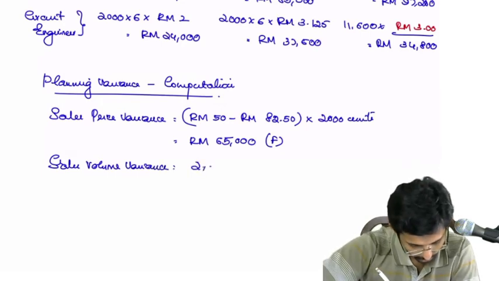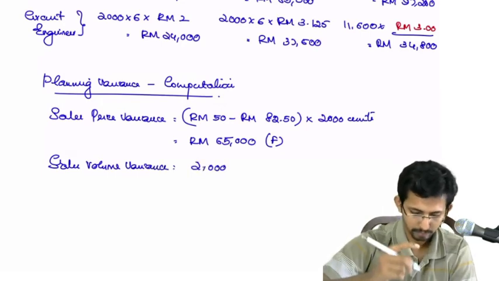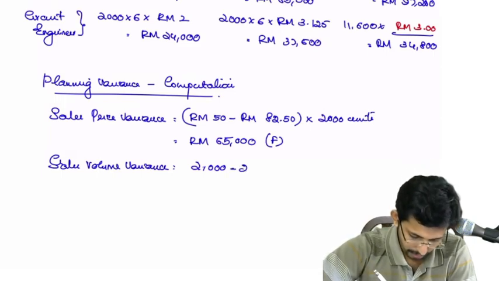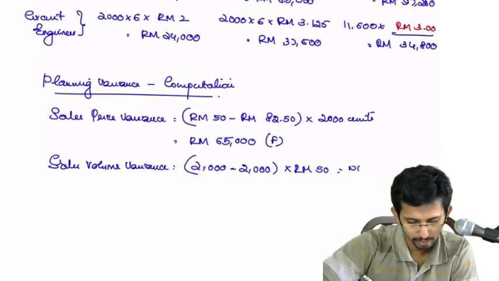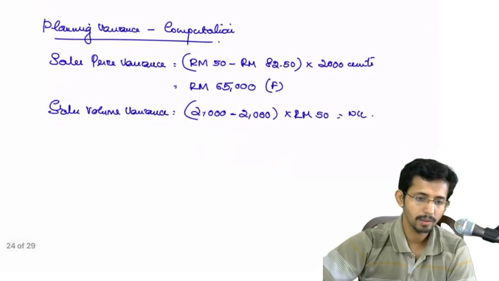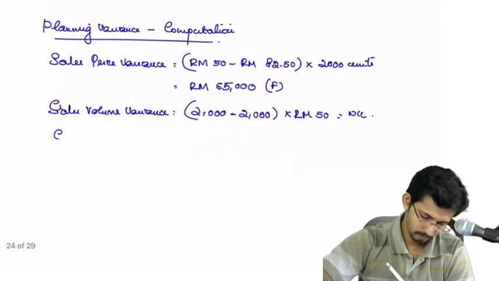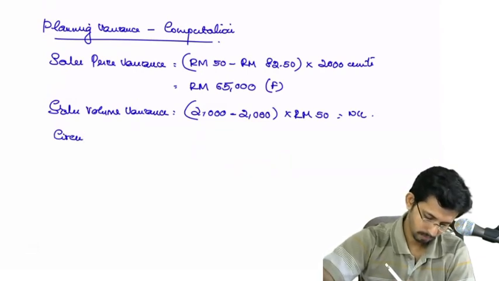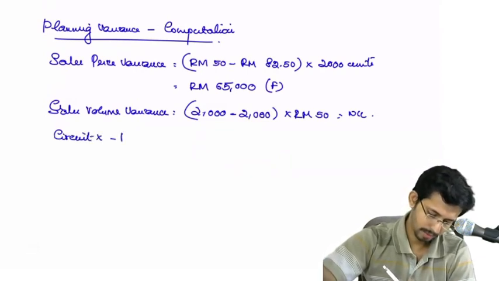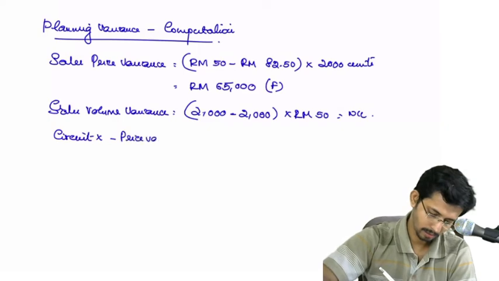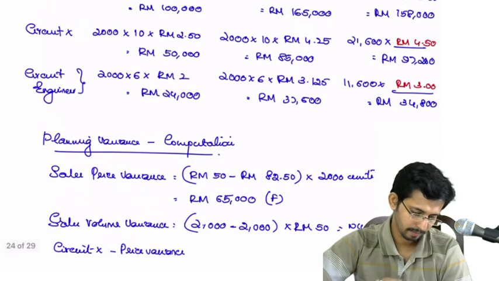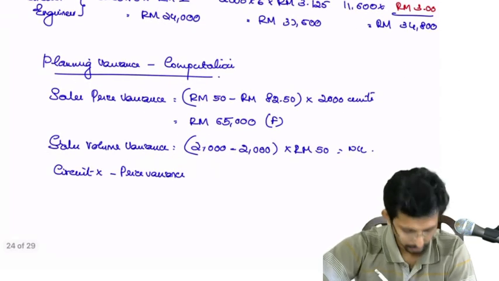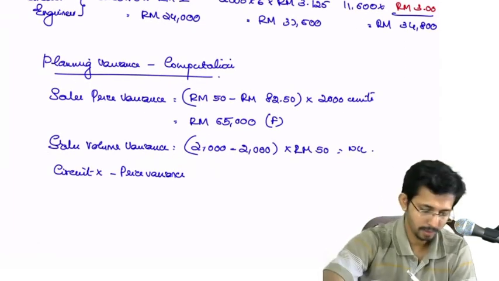Okay, 2000 minus 2000 into RM50, so nil. Okay, now circuit X price variance. First usage variance.